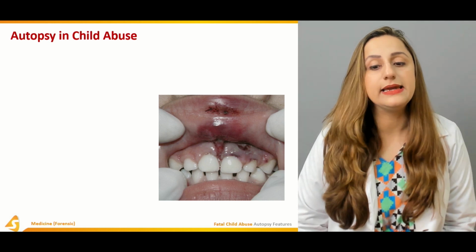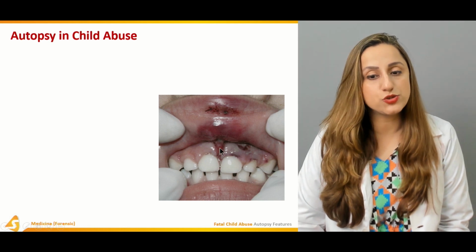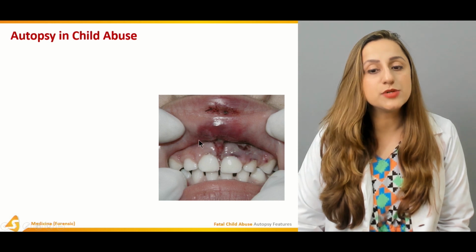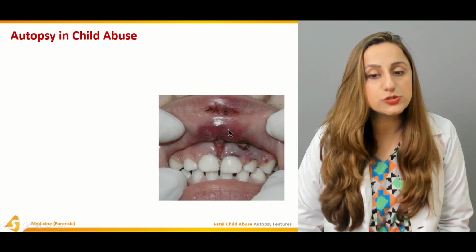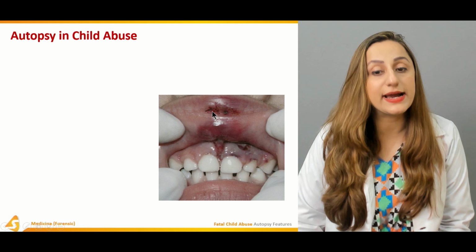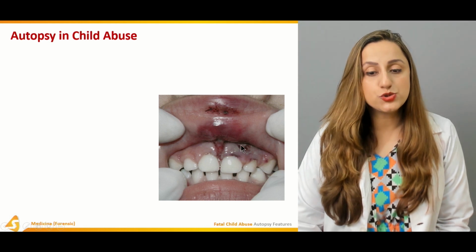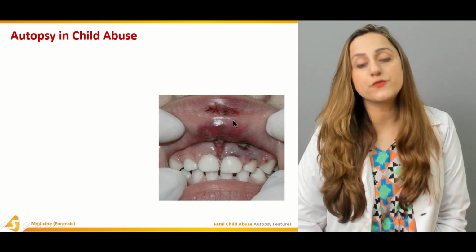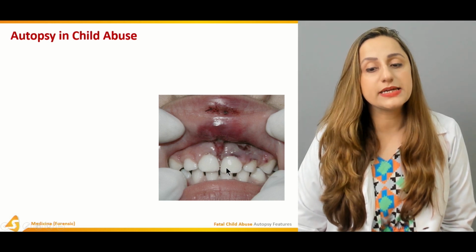Now, the inner aspects of the mouth are even observed in a particular case, and over here you can see that the frenulum has to be looked at, and we have to look for bruising. Hematomas can be found in a lot of cases, and then we can have jagged lacerations if pressure is applied on the inner surfaces, on the soft portions of the lips, and they are rubbed against the teeth.